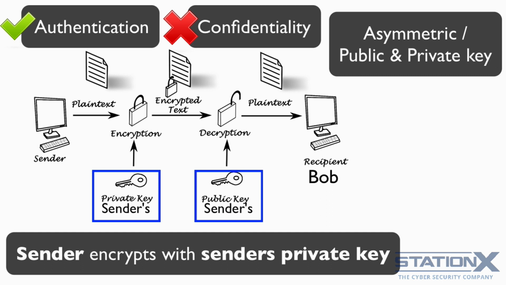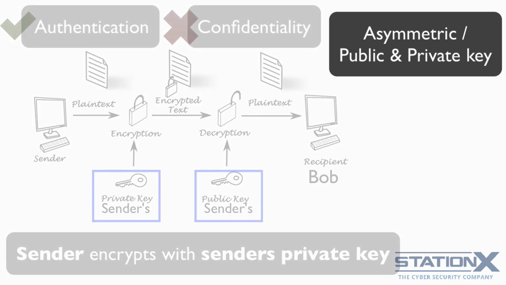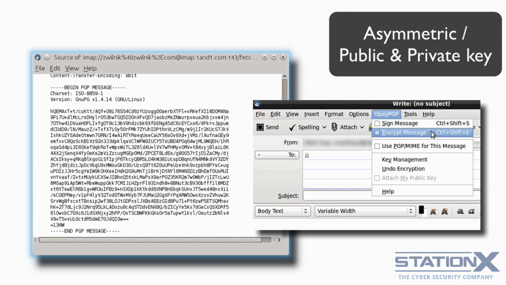Now, when various encryption technologies are used in combination, such as the ones we've talked about, because these can all be used in combination and not used in isolation, they're called a crypto system. And crypto systems can provide you with a number of security services.